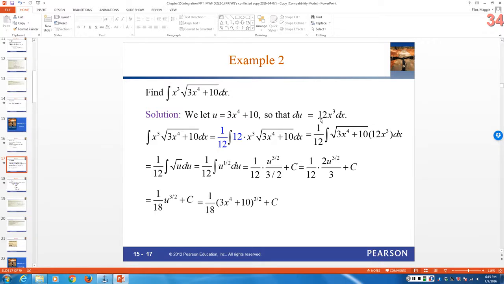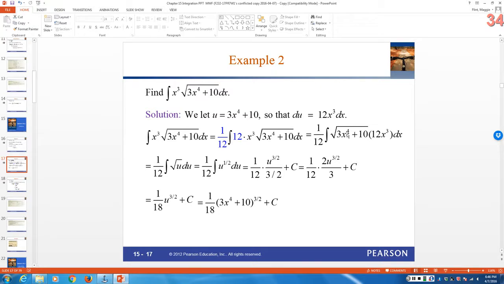What I can do about that, though, is put a 12 inside the integral so that I have 12x to the third. And then I can get rid of it by also multiplying the very front of the integral by 1 over 12. Because 1 over 12 times 12 cancels each other out. So basically you're putting it in and then taking it back out. And once you've got that, you've got your du.